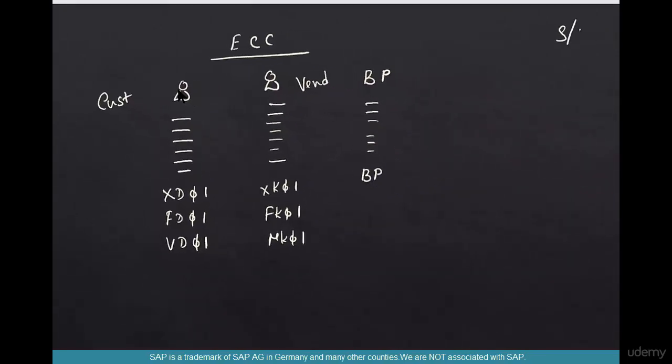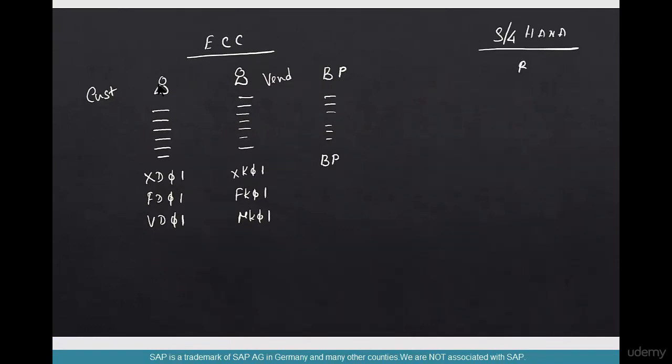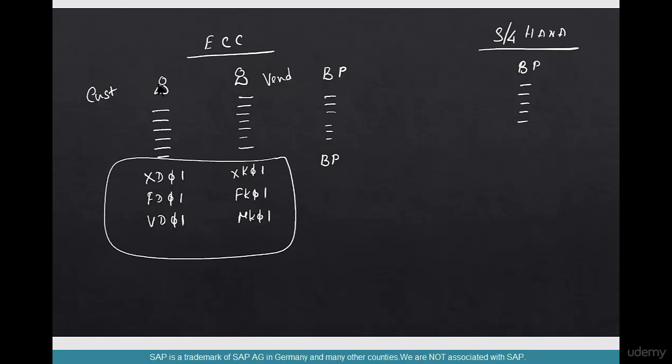Now with S4 HANA, BP still remains. The transaction code is BP, but these things are gone. You can no longer use XD01, FD01 or XK01. These transactions are gone. So what's the point? The point is SAP no longer wants us to use the old transactions to create customer master and vendor master.